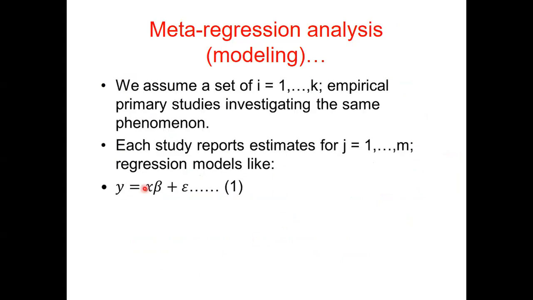Normally you would collect individual regressions from studies: Y is equal to Xβ plus error. That will be the first regression. So you'll have several. This is the first regression from study 1. But you also need to realize that a single study could have several regressions. That is another possibility.